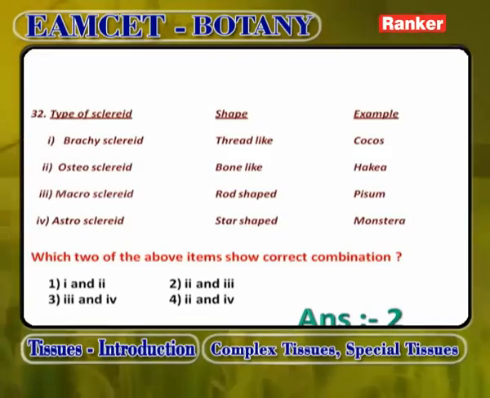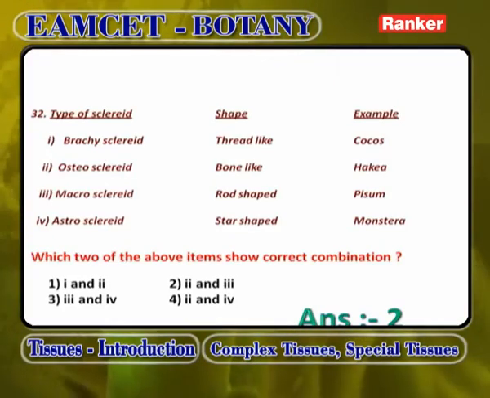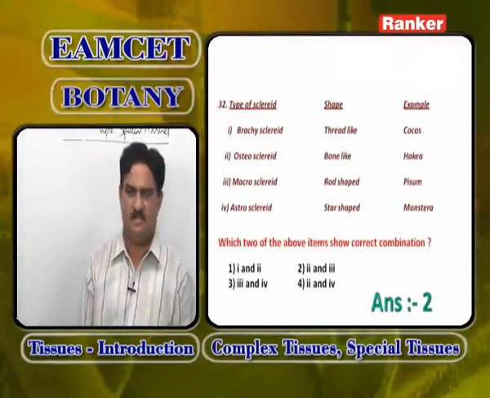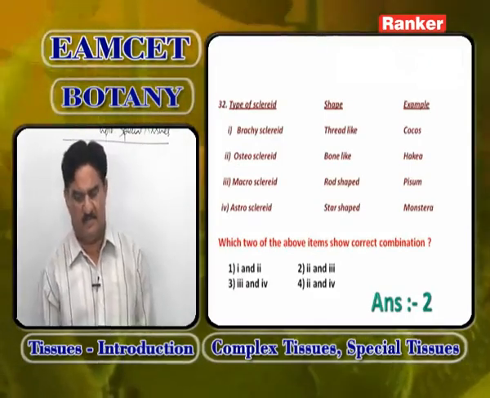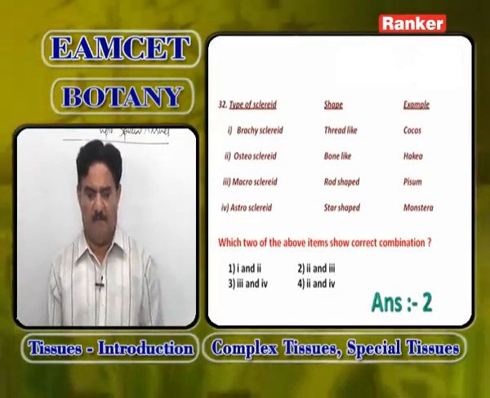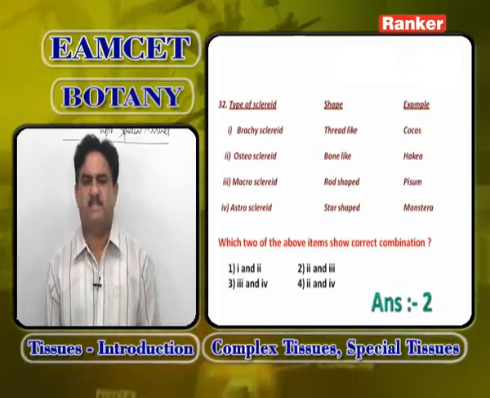This is another 3-column matching: type of sclereid, shape and example. Brachysclereid thread-like, Cocos: brachysclereid is not thread-like. It is circular and parenchyma-like, so thread-like is wrong. Osteosclereid bone-like, Hakea is correct. Osteology is the study of bones, so osteosclereids bone-like Hakea is correct. Macrosclereid rod-shaped, Pisum is correct.